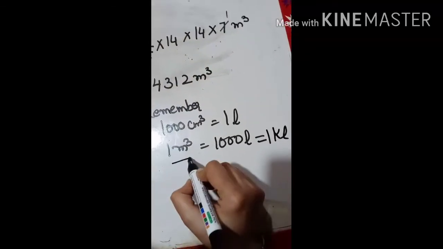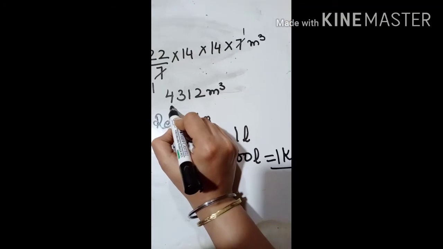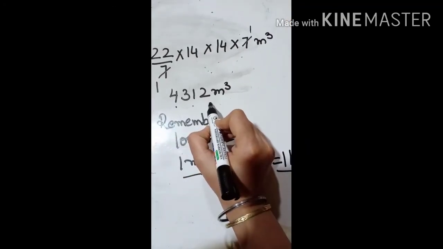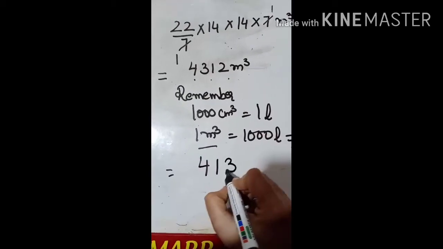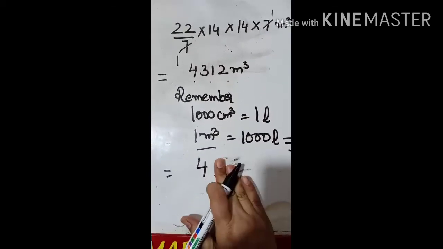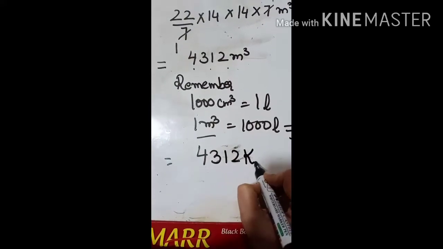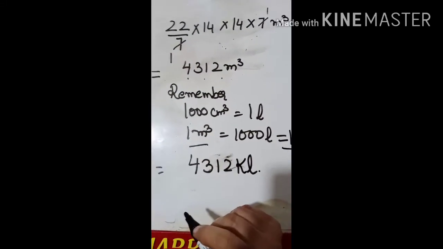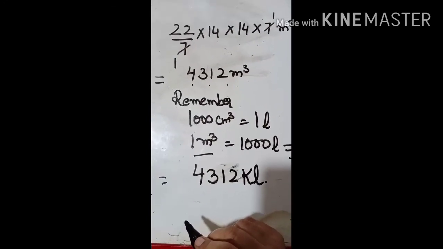It means 1 meter cube is equal to 1 kiloliter. So 4312 meter cube is equal to 4312 kiloliters. How much water it contains? 4312 kiloliters.